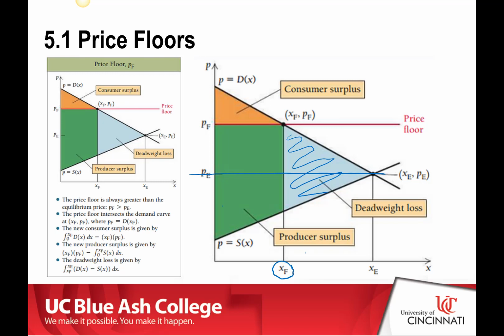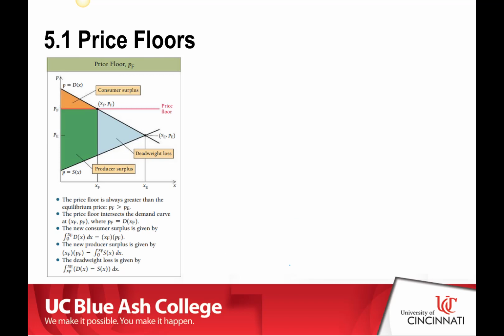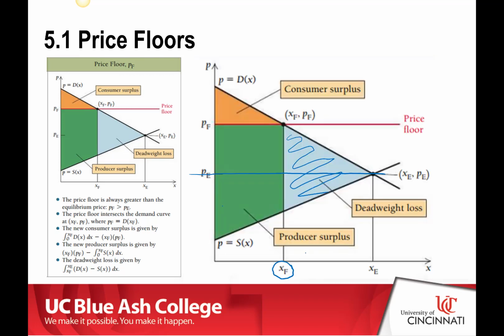The reason that we're talking about purchasing is because as the price goes up, it is the consumer who's going to make the decision of how much demand there really is for that product, and it's not based on the willingness of the supplier to create more of it. Okay? So what's going to wind up happening, as with the previous scenario, is this blue triangle is going to be lost, part of it to the consumer, part of it to the producer.